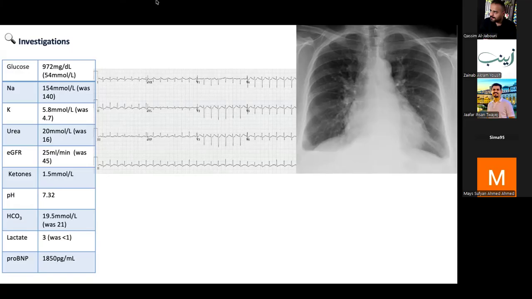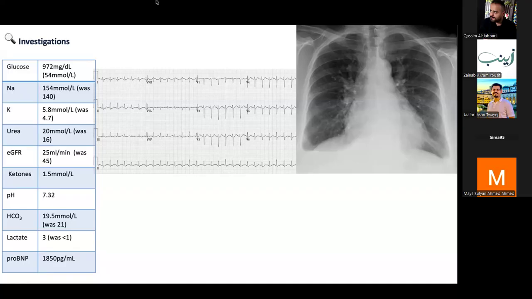The ECG is insignificant in the meantime, it's a tachycardia with pulsus alternans, which I wouldn't worry about a lot for now. His labs show severe hyperglycemia and hypernatremia; we expect the corrected sodium will be even higher.